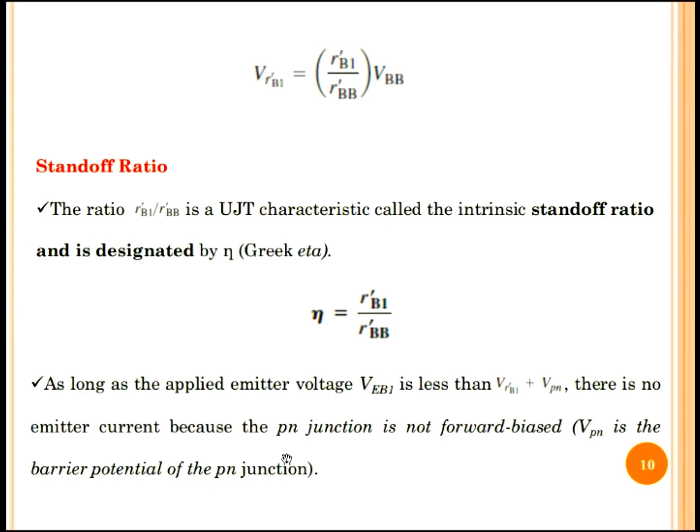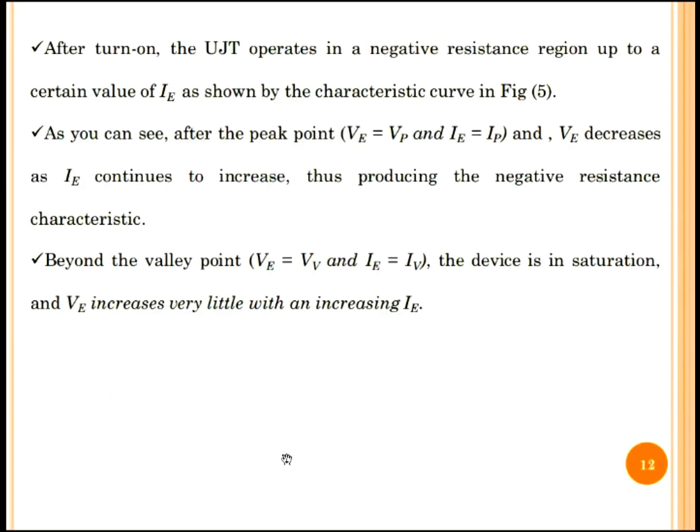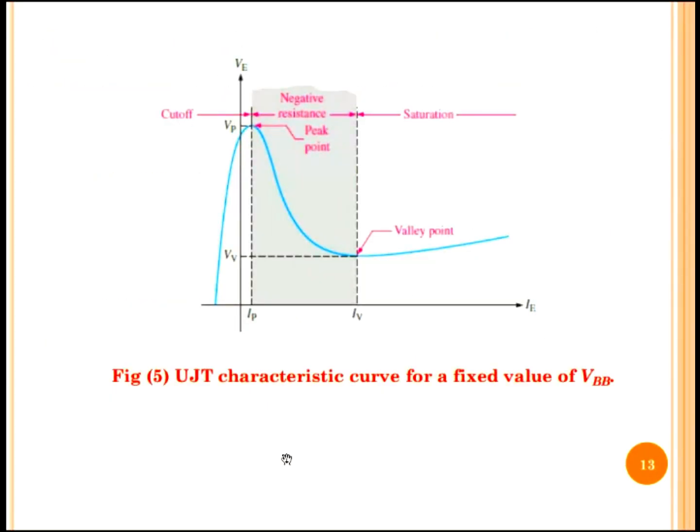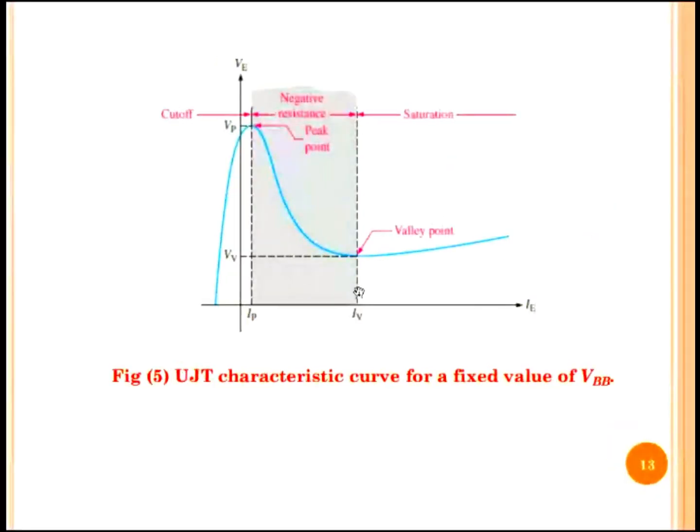That voltage is supposed to be higher than this combination. Then the value of emitter voltage that causes the PN junction to become forward biased is called VP, or peak point voltage, and it is expressed as, okay, this is the figure.